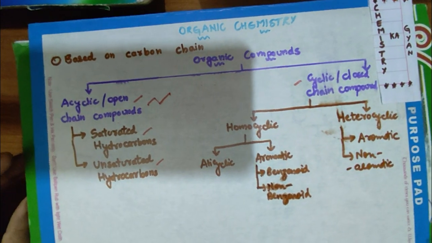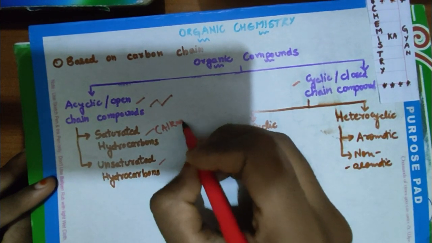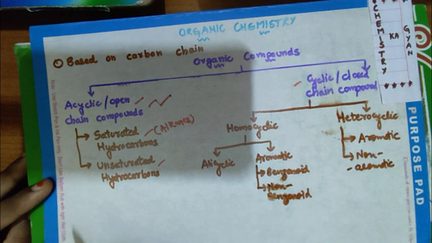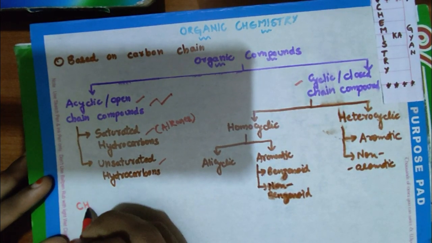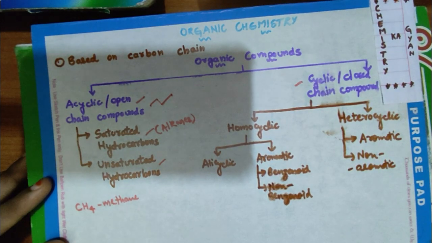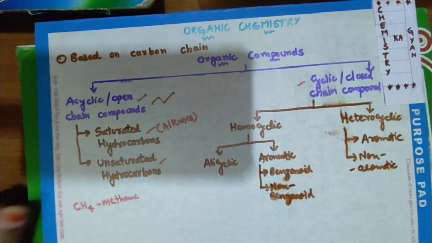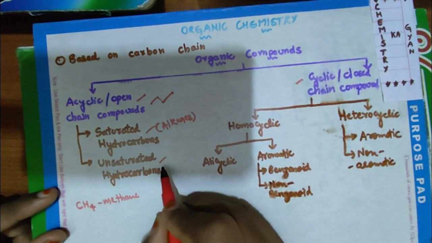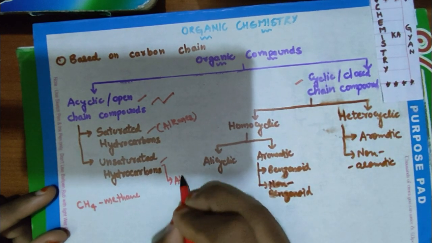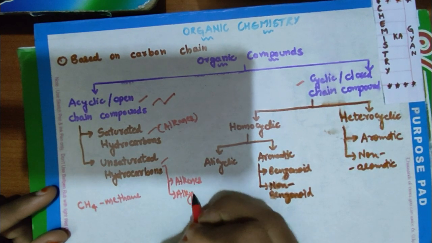Saturated hydrocarbons we can also call alkanes. An example of alkanes is methane, a classical example, right? Now unsaturated hydrocarbons are of two types: alkenes and alkynes.